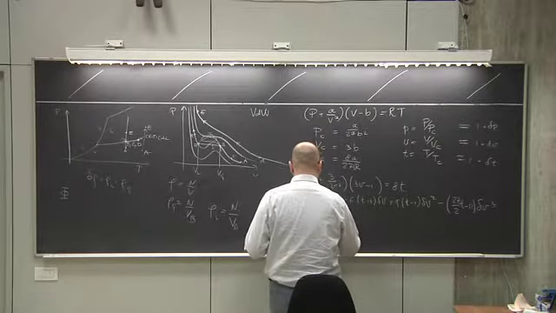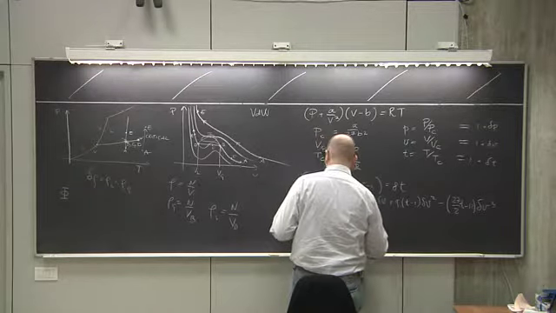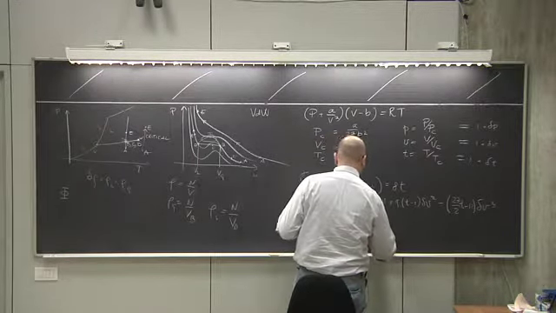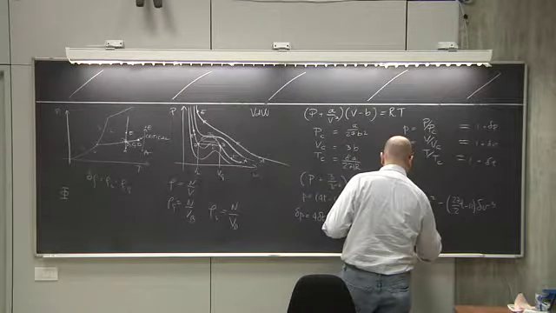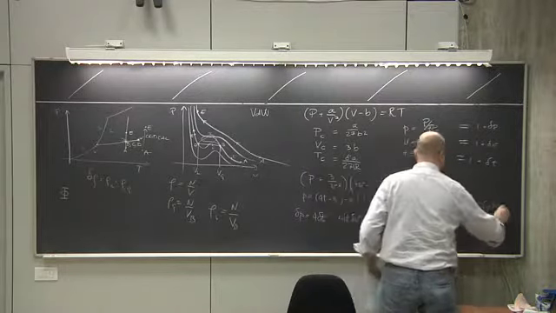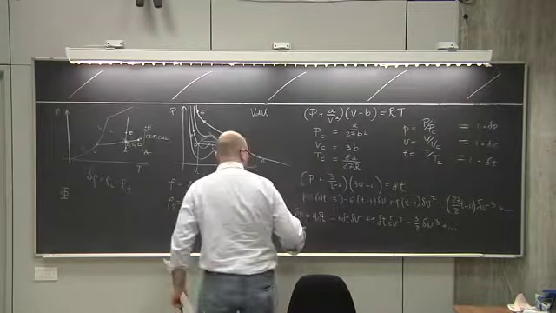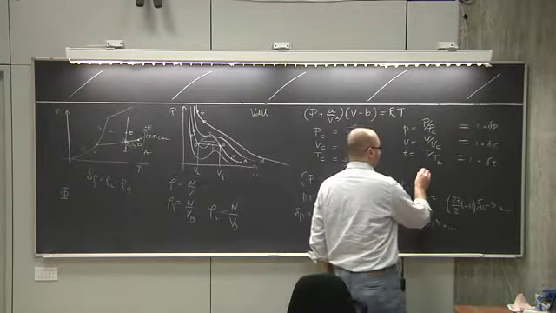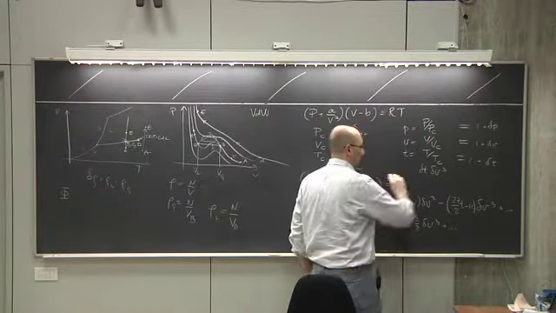So this is 4 delta t minus 6 delta t delta v plus 9 delta t delta v squared minus 3 half delta v cube plus blah blah blah. Okay. Here I'm neglecting order delta t delta v cube. I'm neglecting it.